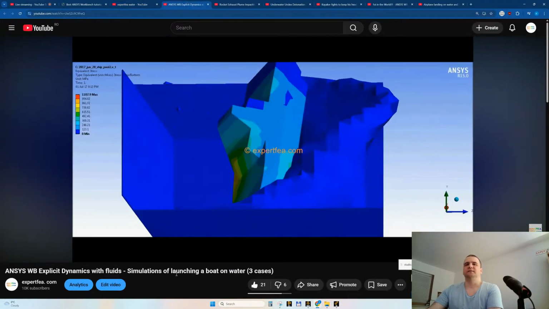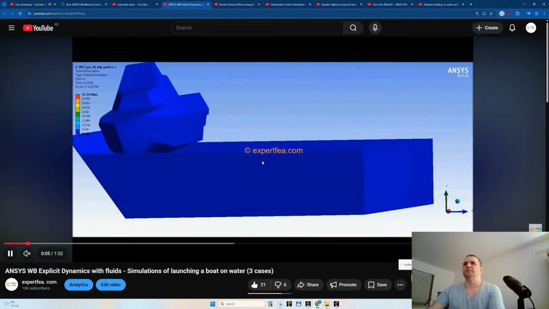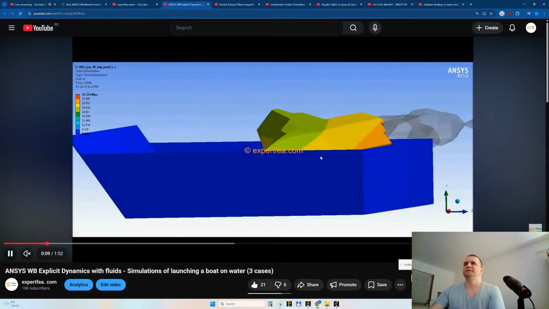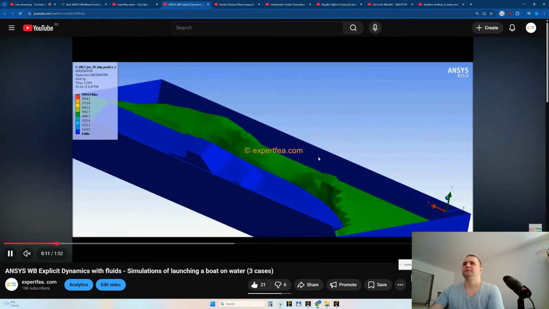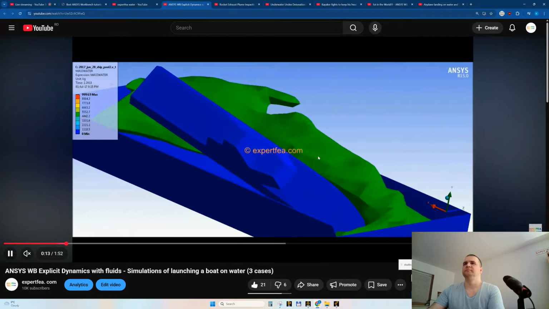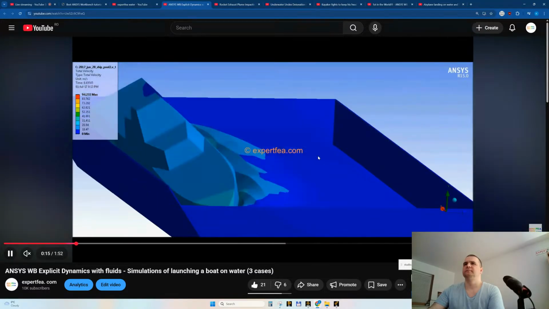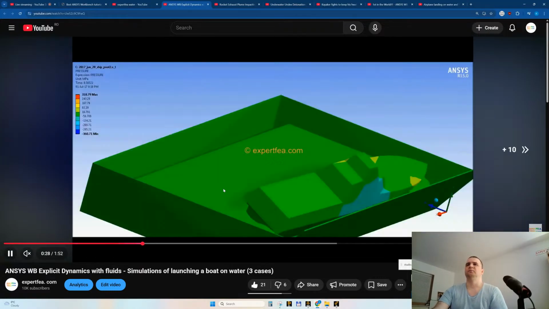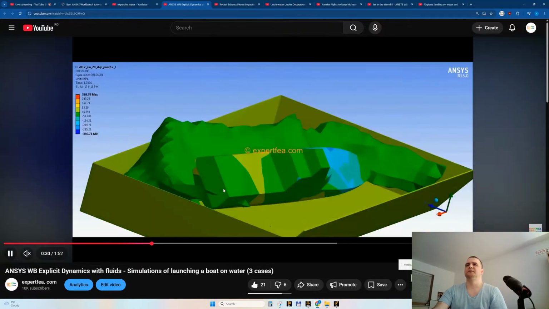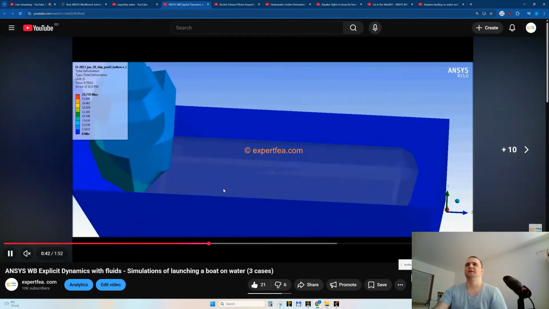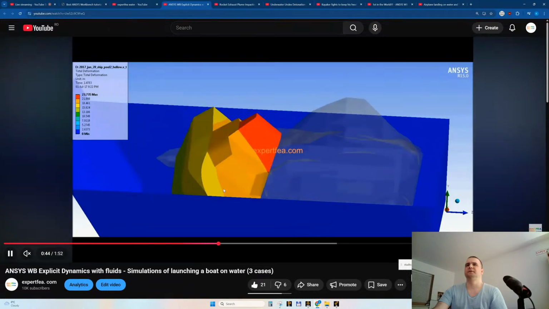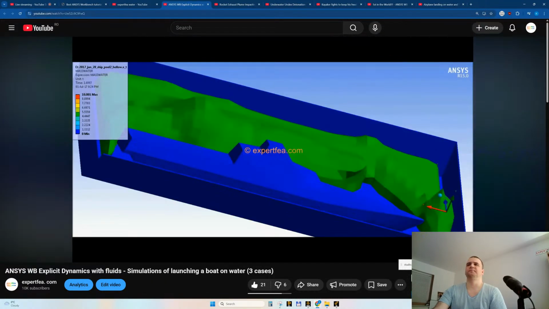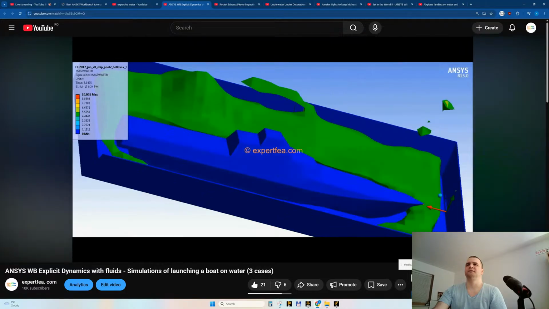So this is a boat being launched on water. It's like a drop test on water. I made multiple scenarios. There are 3 scenarios. Look here, in one of them the boat floats.